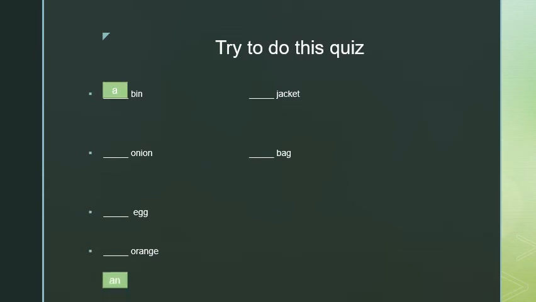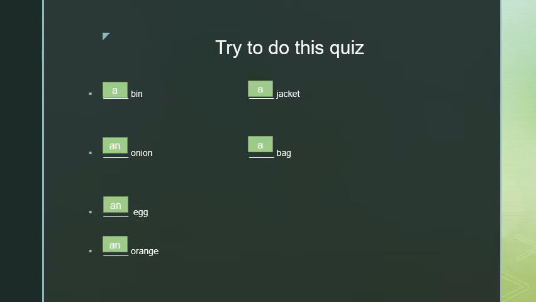The second one, an onion. The third one, egg, we start with an egg. Orange, the vowel sound of O, so the answer is an orange. Jacket with a consonant J, so we start with a jacket. And bag with a B consonant sound, we start with a bag.